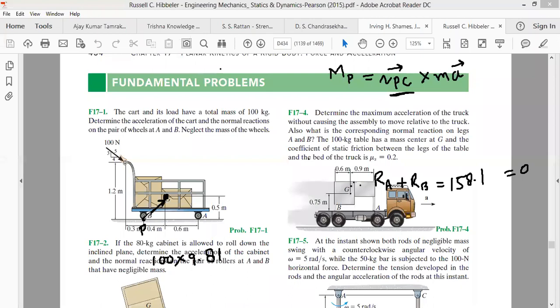If we move this point P to the center of gravity, this radius vector becomes equal to 0.